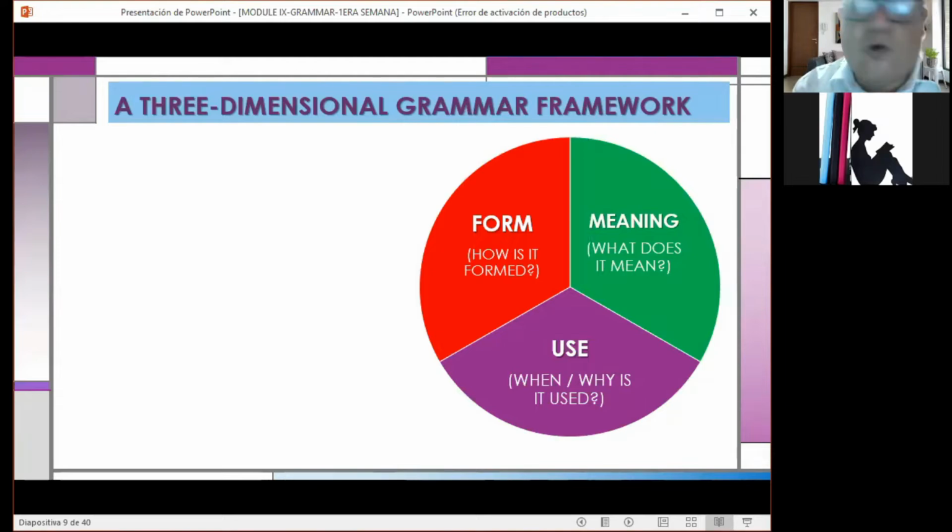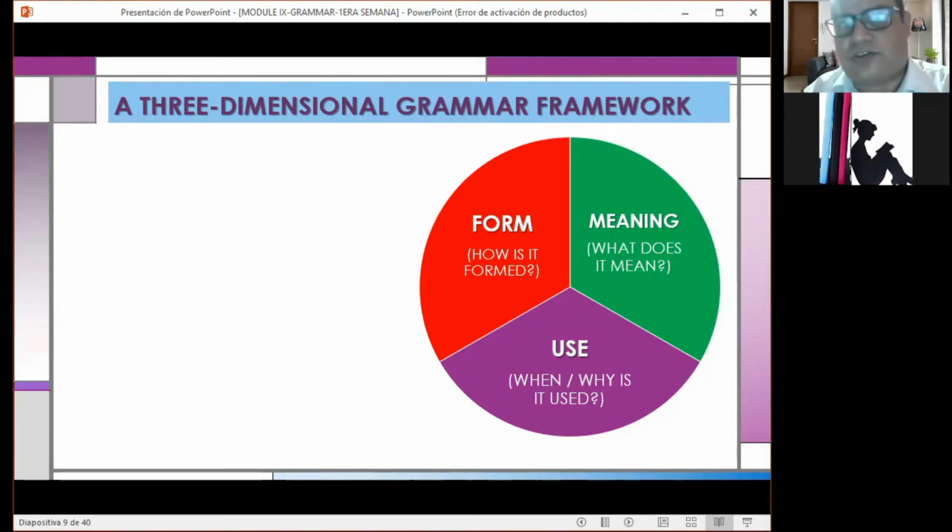When we talk about form, we could ask this question: how is it formed? How is it structured? When we talk about meaning, what does it mean? And the use, when and why is it used? Notice the questions that we could have for each of these dimensions. Form, how is it formed?